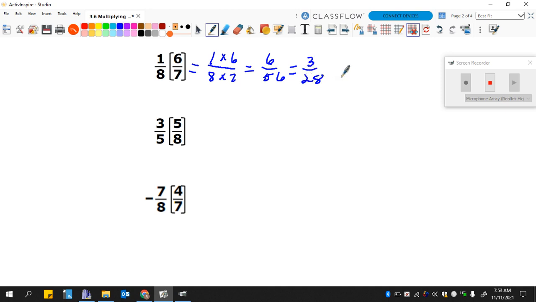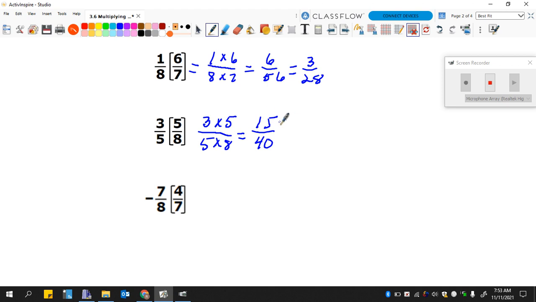The next one is 3/5 times 5/8. So we go 3 times 5, 5 times 8. 3 times 5 is 15. 5 times 8 is 40. Now, if you don't want to use a calculator, here's how you do it. You look for the biggest number that goes into both 15 and 40.